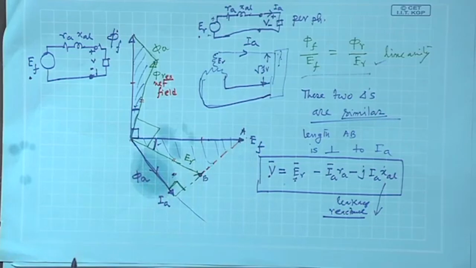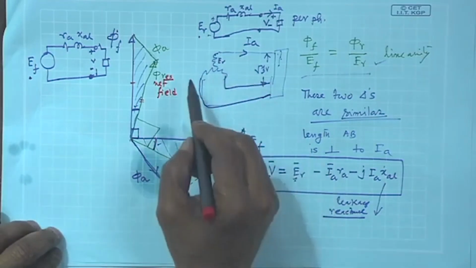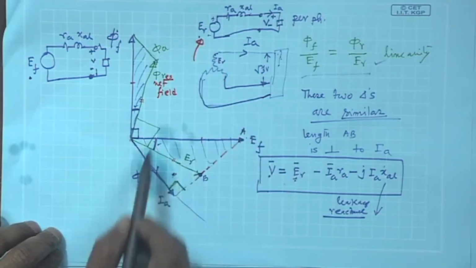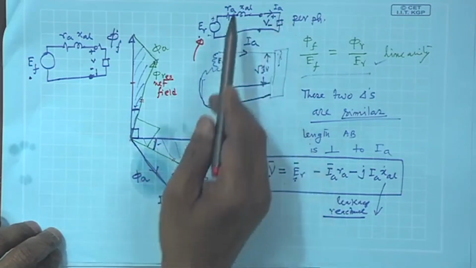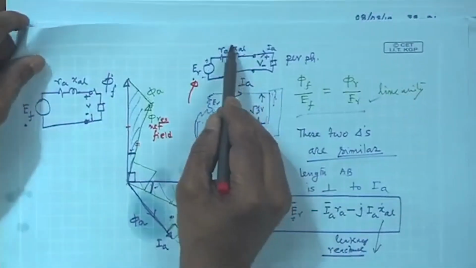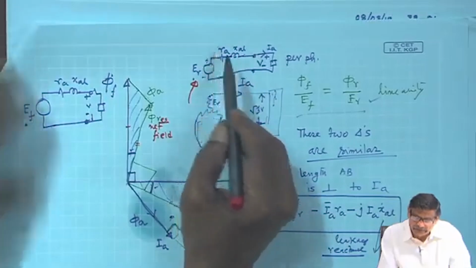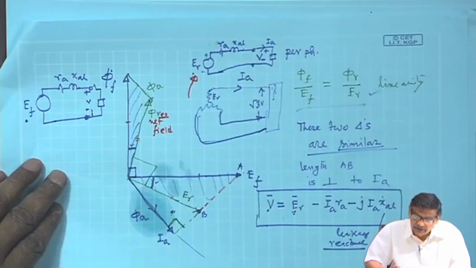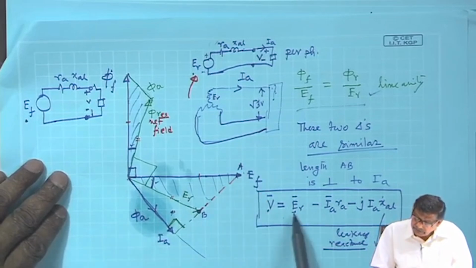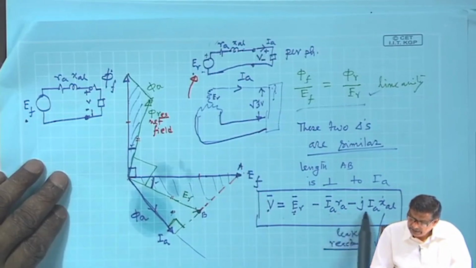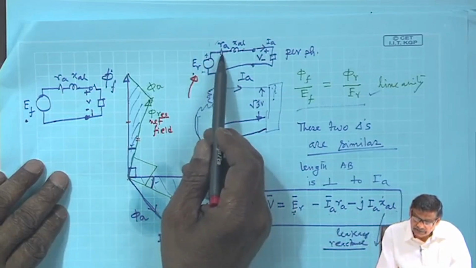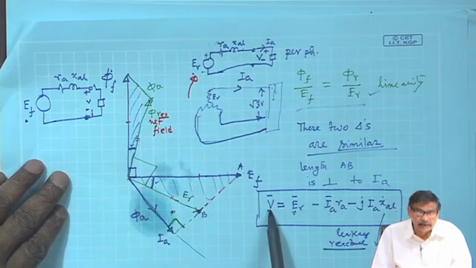Therefore, your equivalent circuit will be E r delivering a current I a, and R a plus j X L is the leakage impedance per phase of the armature coil. Therefore, E r minus I a R a minus j I a X L, if you subtract these drops, you get the terminal voltage.